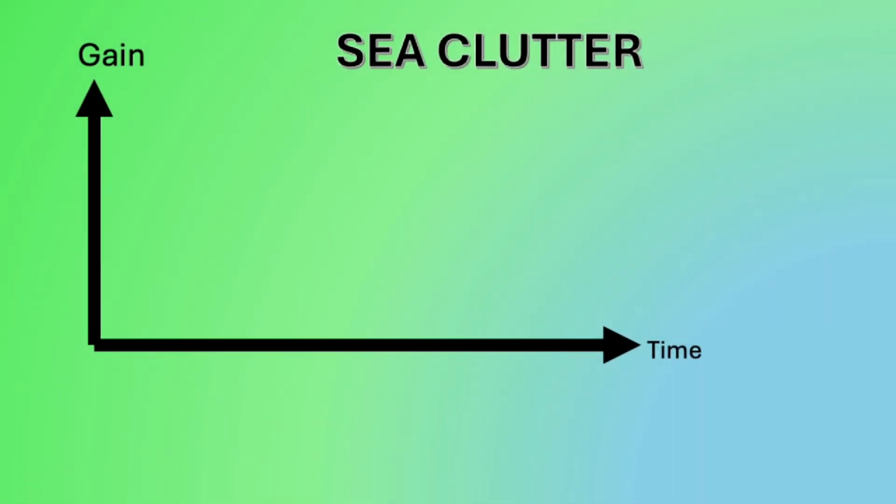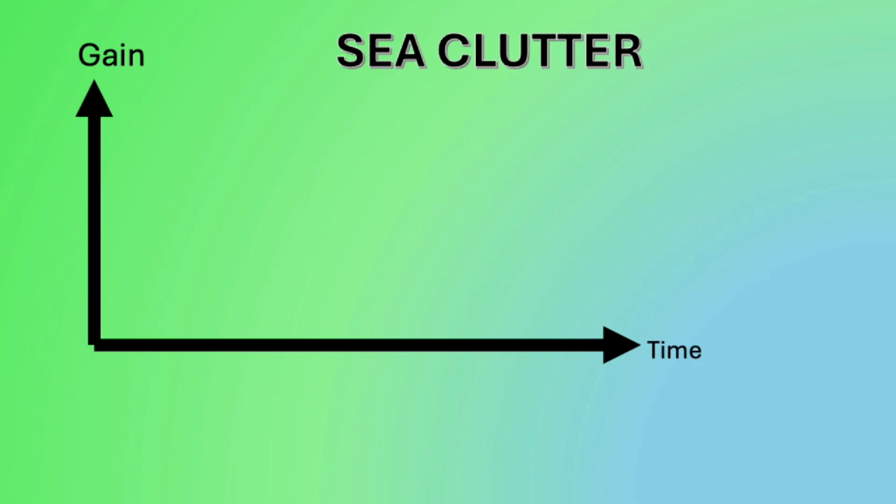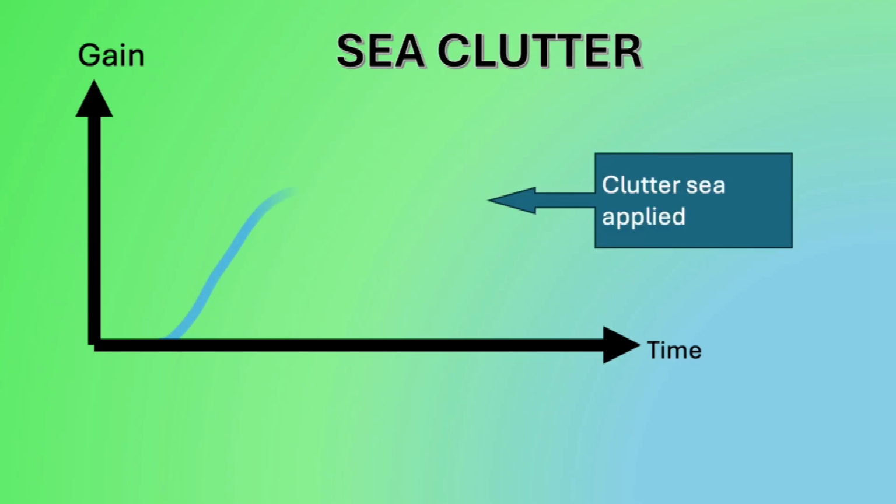Next setting is sea clutter. When sea clutter is off, receiver gain remains the same during all the time when radar is listening. When sea clutter is applied, at the beginning of the listening period, receiver gain is at minimum.